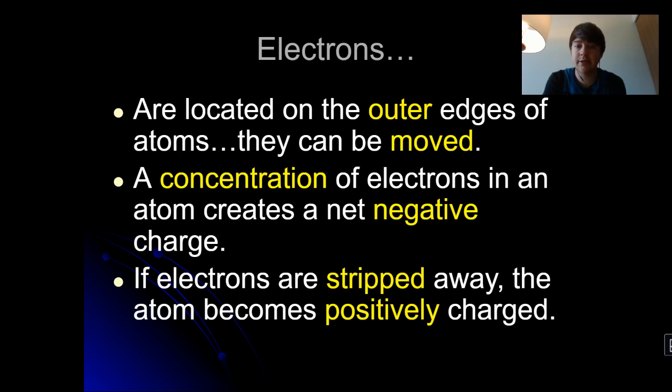But if an atom has a lot of electrons concentrated in it, it is going to be negatively charged. Protons aren't going to necessarily leave or come into the atom. If electrons are removed from the atom, it's going to be more positively charged.